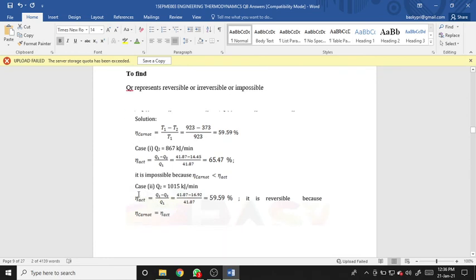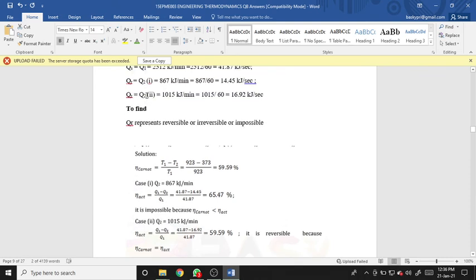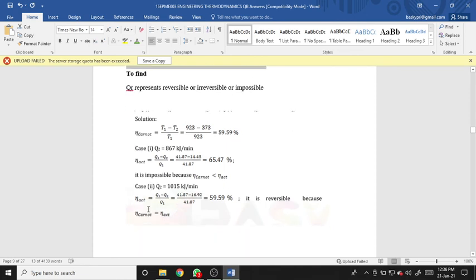Next, for case 2, again I am going to find whether the heat rejection is reversible, irreversible or impossible. Here the heat rejection for case 2 is 16.92 kilojoule per second. Again the actual efficiency formula is work done by heat supply. The work done is the heat supply minus heat rejection, divided by heat supply, that means Q1 minus Q2 by Q1.